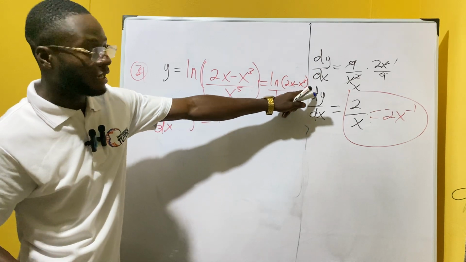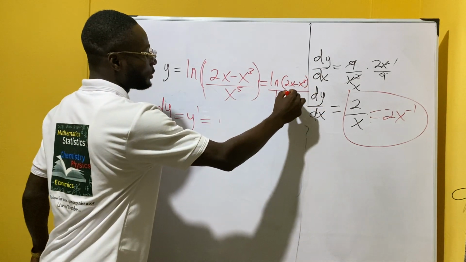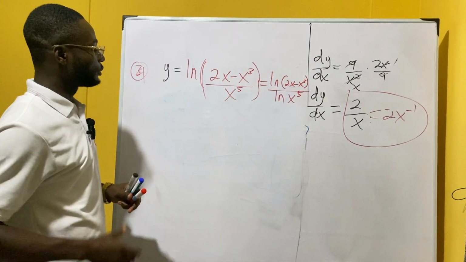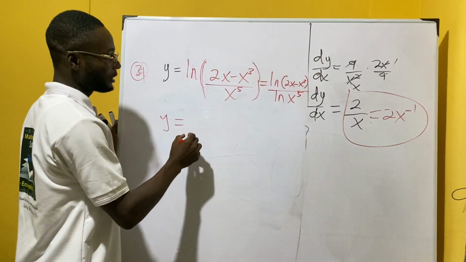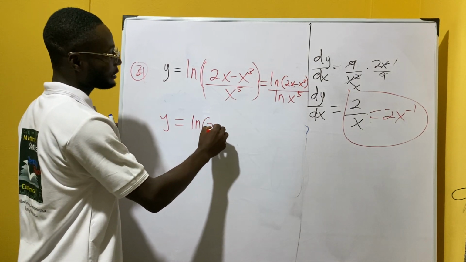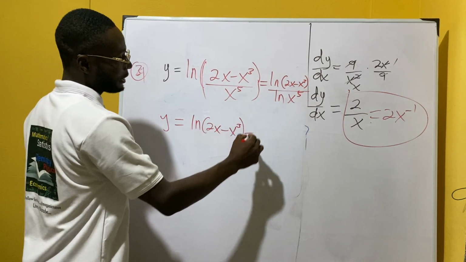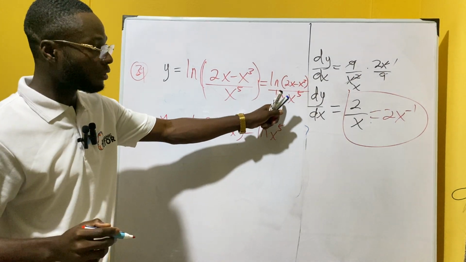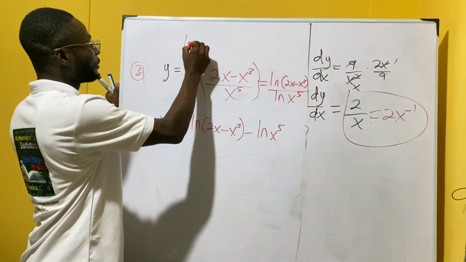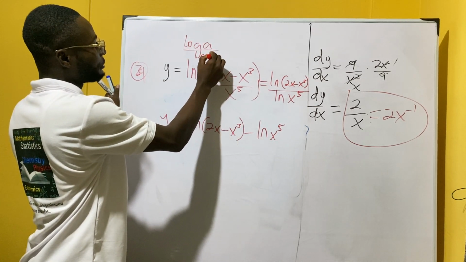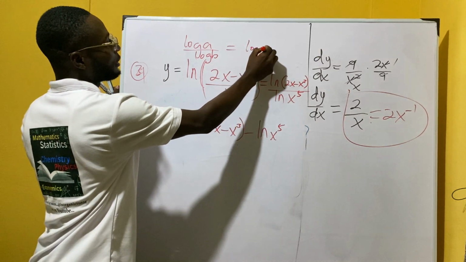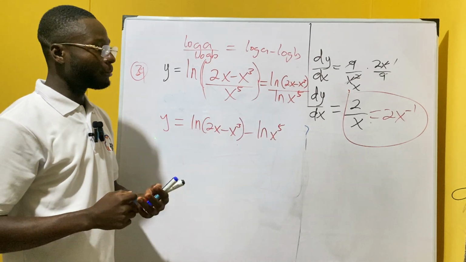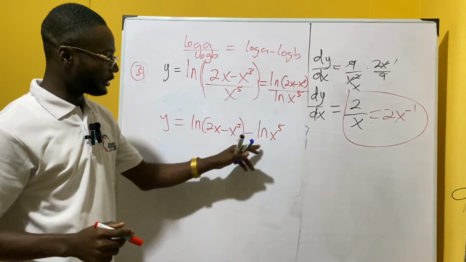So when we have this, then we can have the minus. So here we can say that this is the same as ln(2x minus x cubed) minus ln x to the power 5, because we are applying the law of logarithm here. We already know that log a minus log b is how we split a logarithm of a quotient.